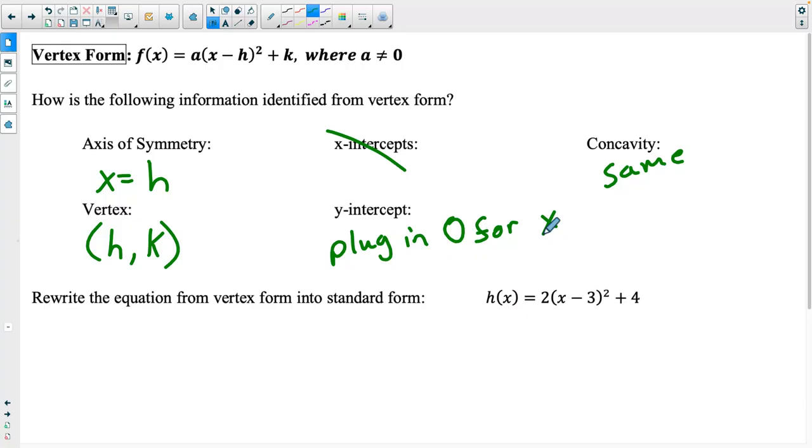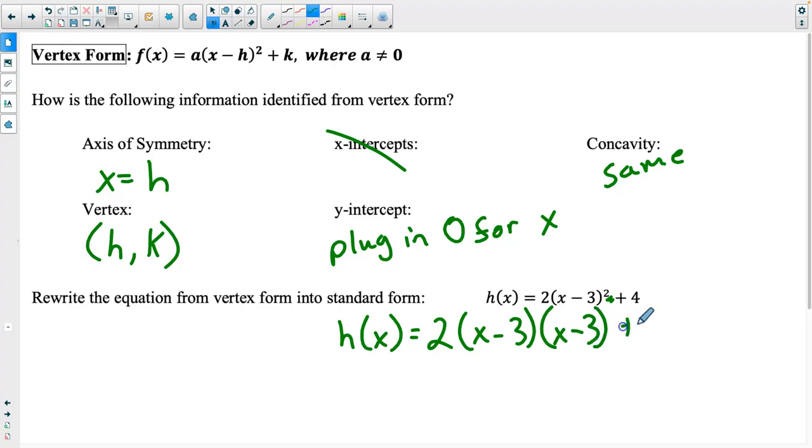Now we're going to change that to standard form. And it's a little bit more work than what we just did. So to change this into standard form, what I need you to realize is that square does not make this x squared minus 9. Okay, that's not correct. What it makes it is 2 times x minus 3 times x minus 3 plus 4.